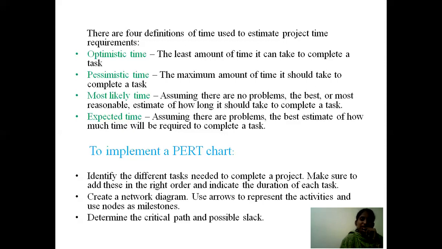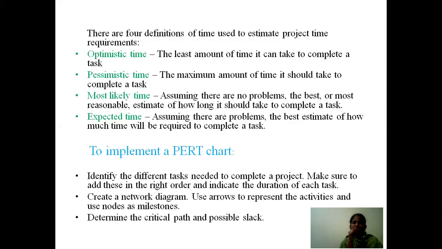That means this most likely time estimation is in between the optimistic as well as pessimistic. The most likely time is greater than optimistic time and less than the pessimistic time. So of all the three timings, optimistic time is the least amount and pessimistic is high, whereas the most likely time is moderate.